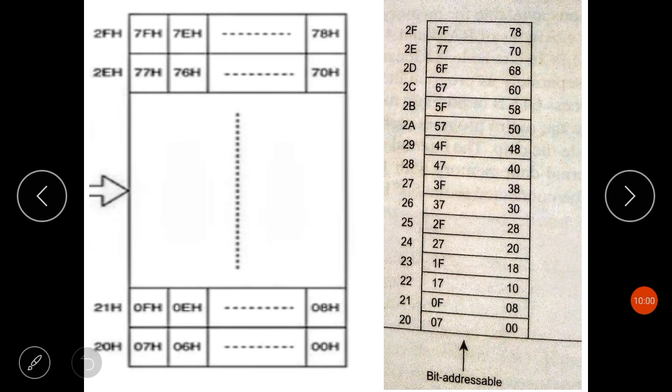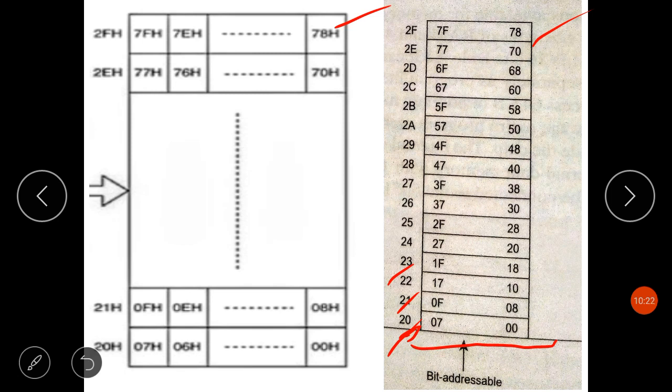Here I have shown two pictures. Both pictures are of the bit addressable memory area. These are the 16 bytes of bit addressable memory, because there are 16 addresses and each address has 8 bits.